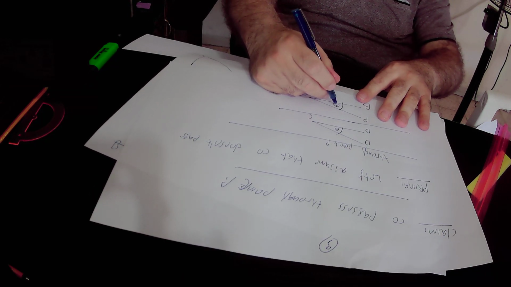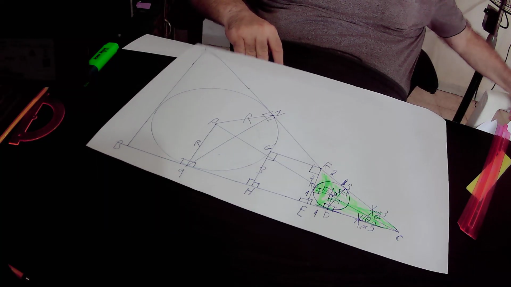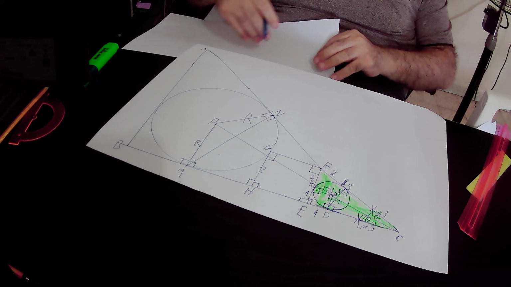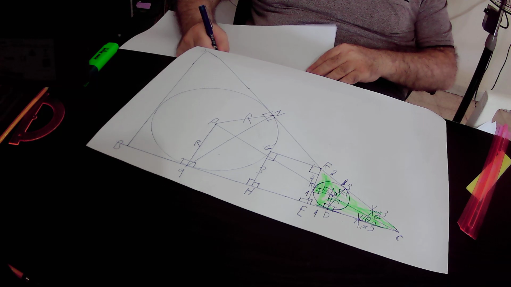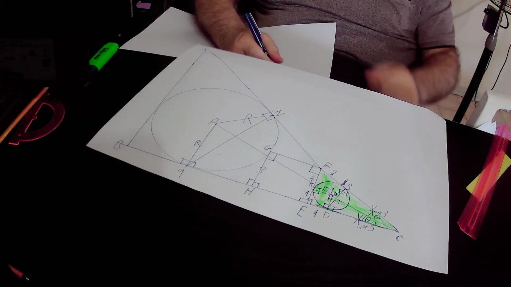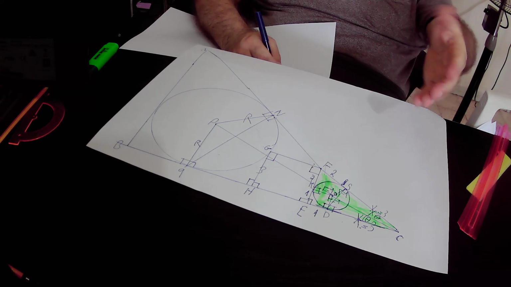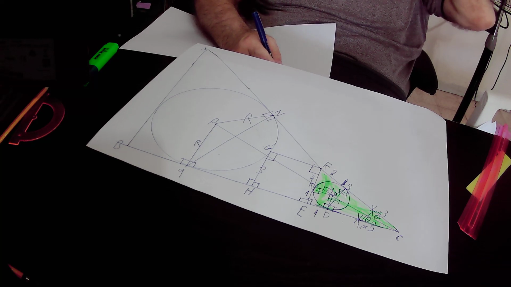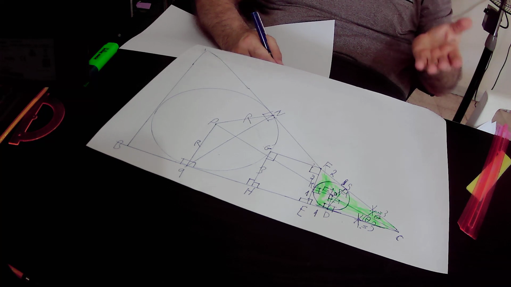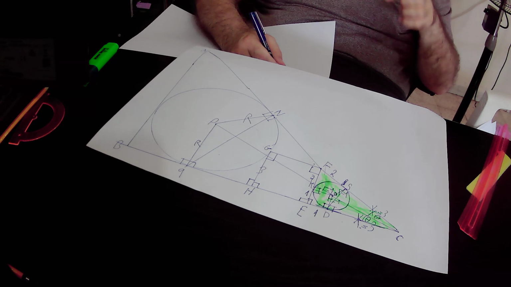Okay. So we actually found out that we have here two angle bisectors of angle C, and those two angle bisectors of angle C are not bisecting angle C into the same halves.